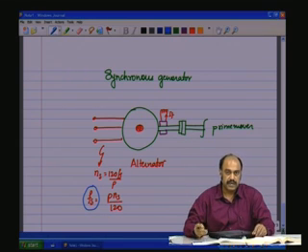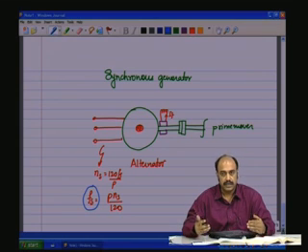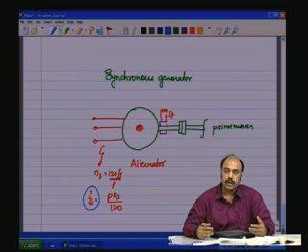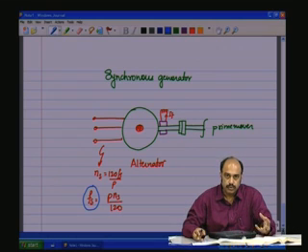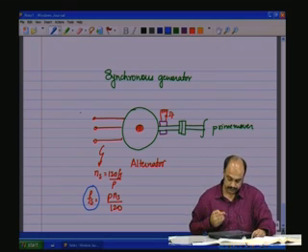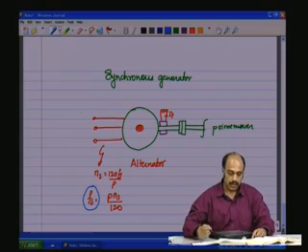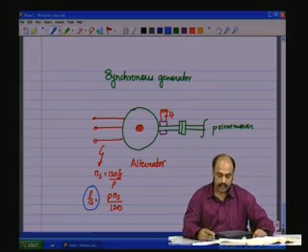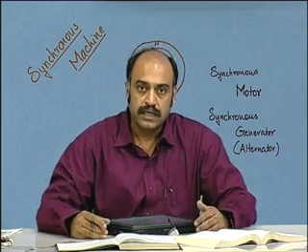Otherwise, all other concepts of the synchronous generator are similar to the synchronous motor, and here also by excitation control you can control the amount of active power that is being put onto the load. So with this we shall conclude the synchronous machine.